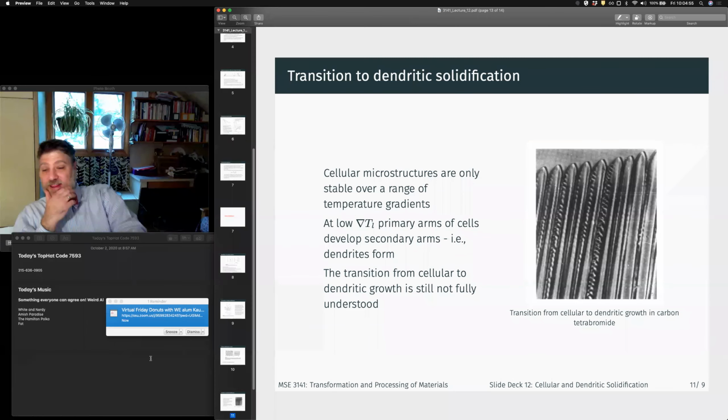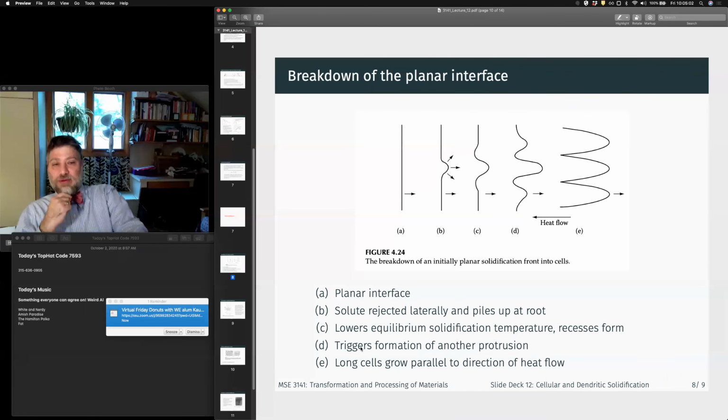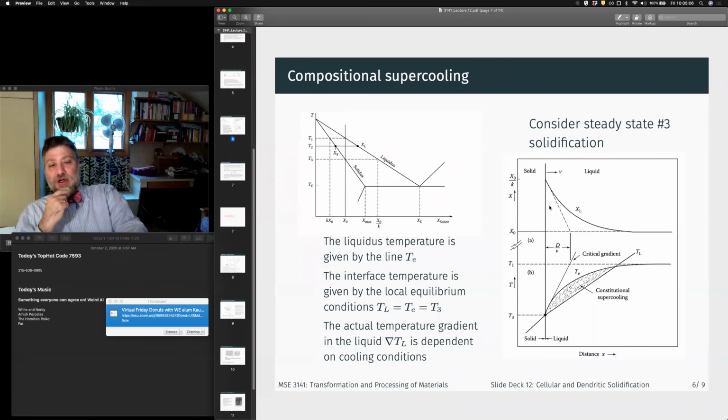Okay, so Nathan's question, could you please repeat if the undercooling is larger at the interface or at the end of the sample? Your equilibrium melting temperature is increasing as you go out this way. So if there was a constant temperature, if this T sub L line was flat, exactly at the interface we have no undercooling.